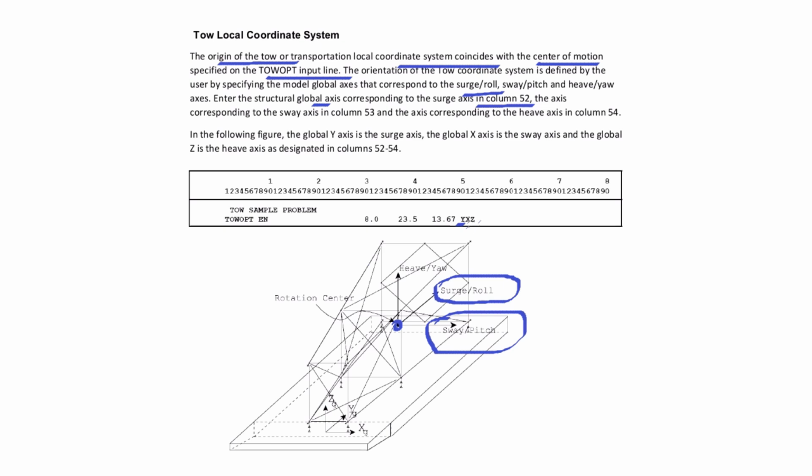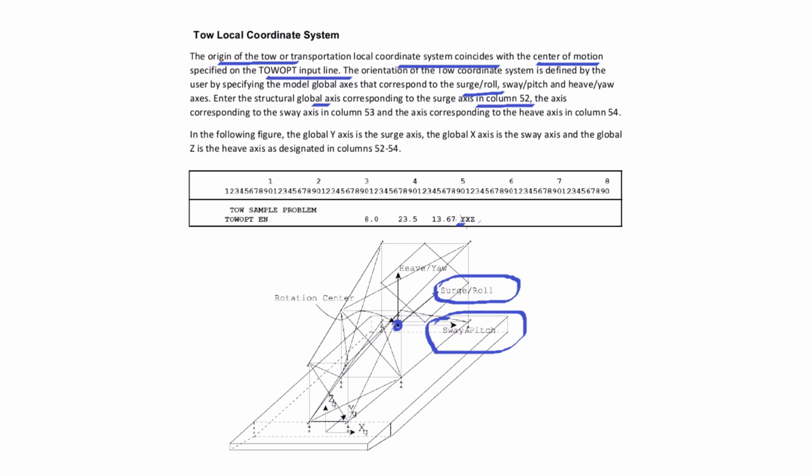Here you can see y is the axis that corresponds to surge and roll. Whatever we define in that column, that is the structural global axis, the surge axis. Here you can see the surge axis, sway and heave.